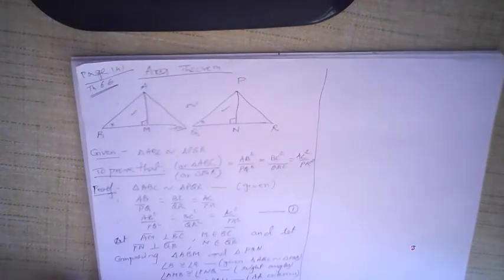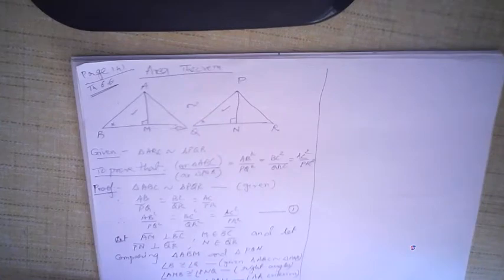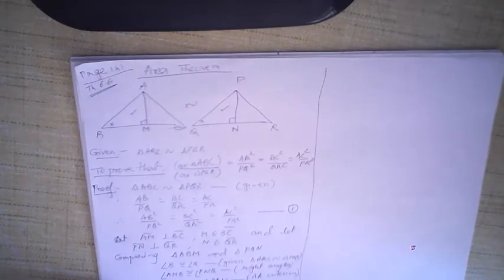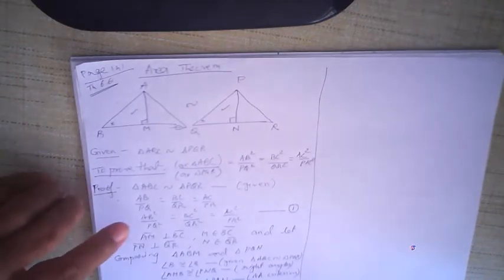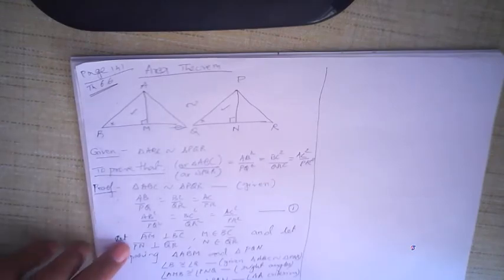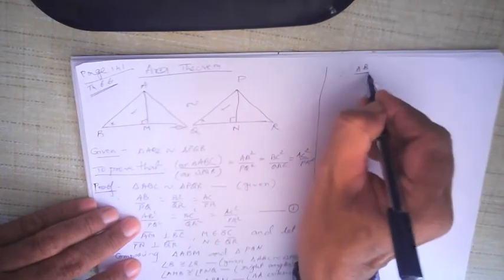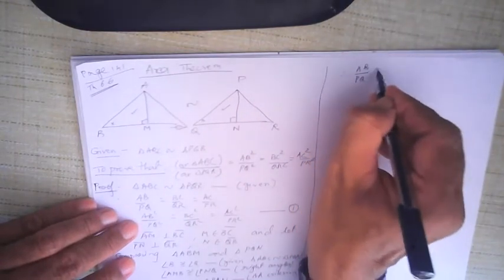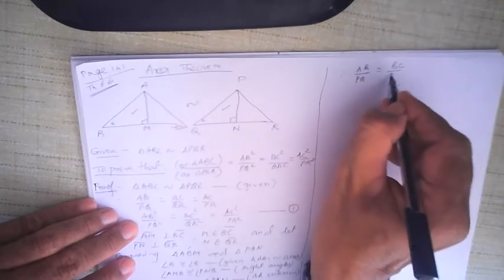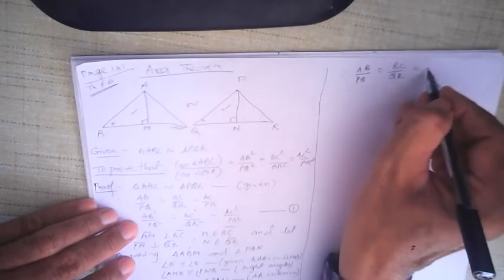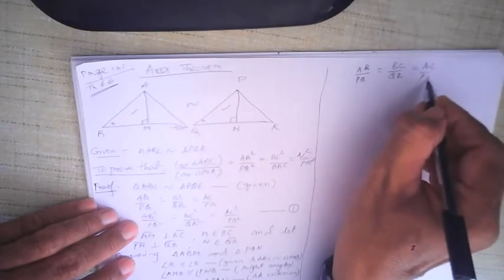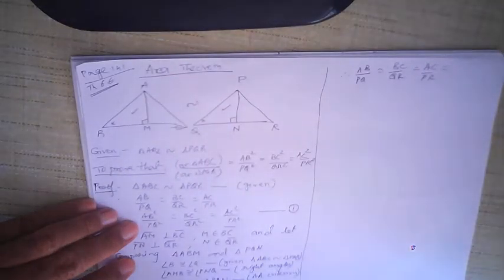Now you can see, if I square it, AB square upon PQ square is equal to AM square upon PN square. Okay, I have just squared it. Now if I see result number 1 and result number 2, therefore I can write AB upon PQ is equal to BC upon QR is equal to AC upon PR, and that is equal to AM upon PN.